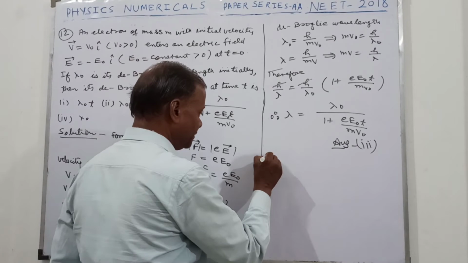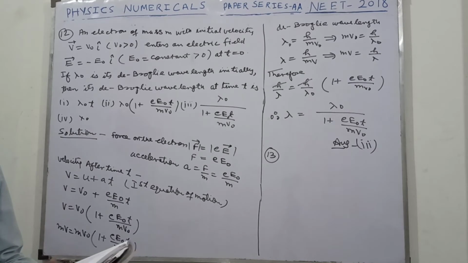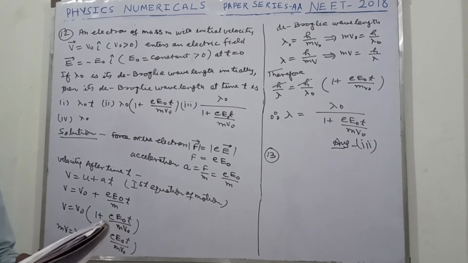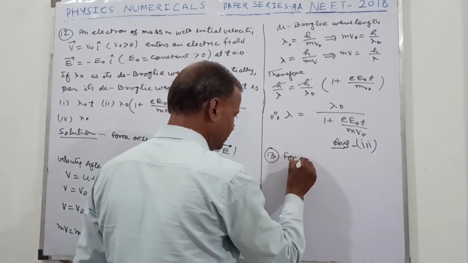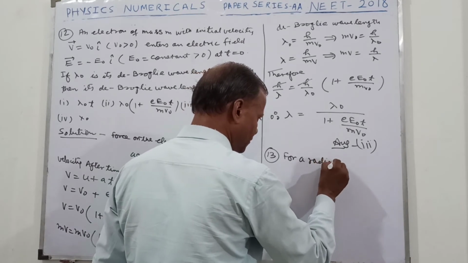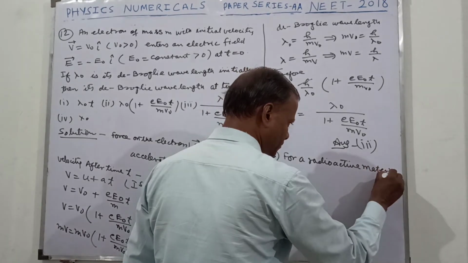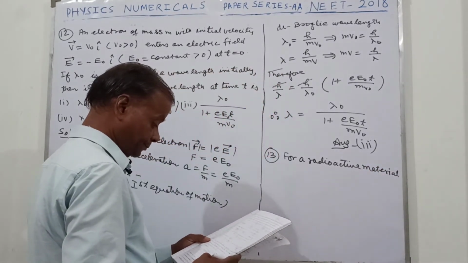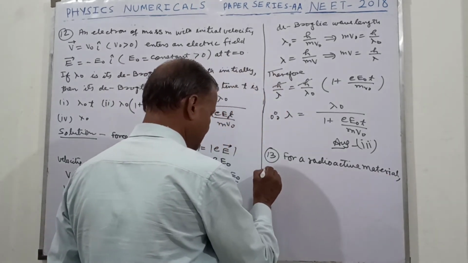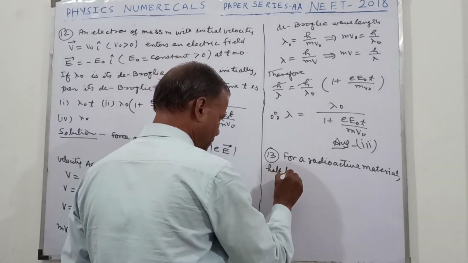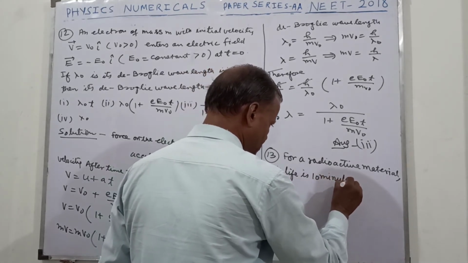Now question number 13. Question number 13 is given: for a radioactive material, the half-life is 10 minutes.